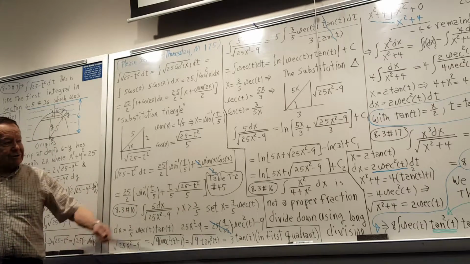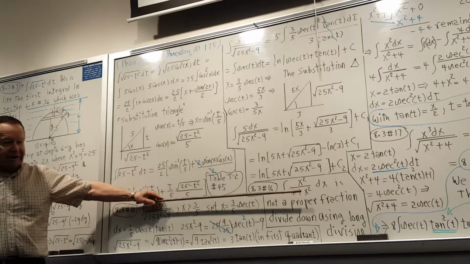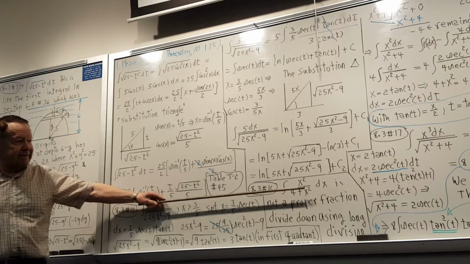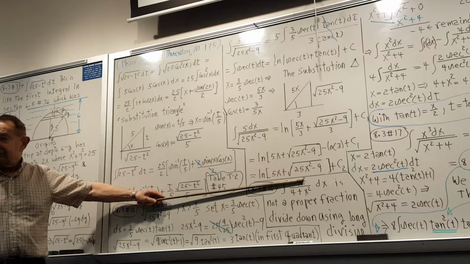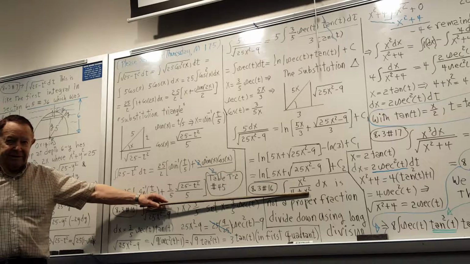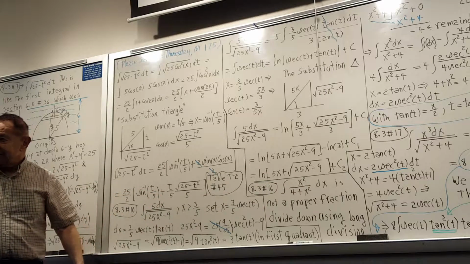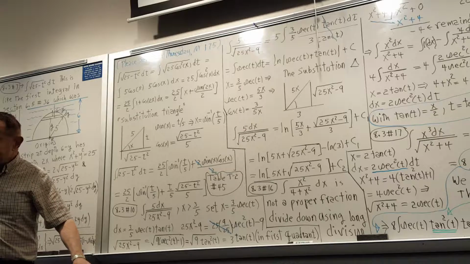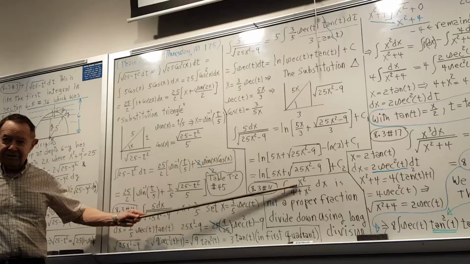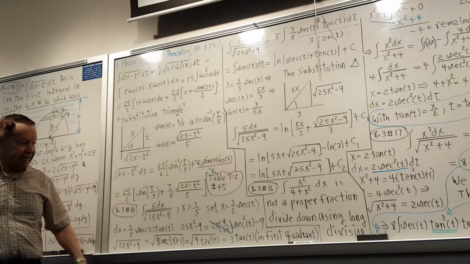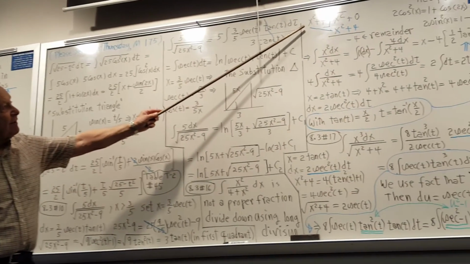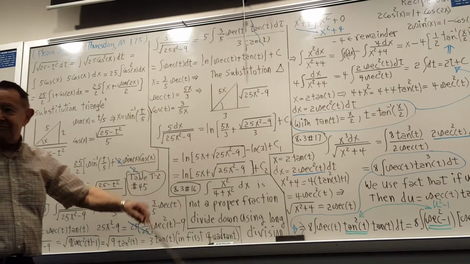A proper fraction, when you're talking algebra, the degree of your denominator polynomial is greater than the degree of your numerator. But you see, as polynomials, these are the same degree. So if you have an improper fraction, the first thing you do is long division. You divide it down. And so that's up here. So this is Math 25.